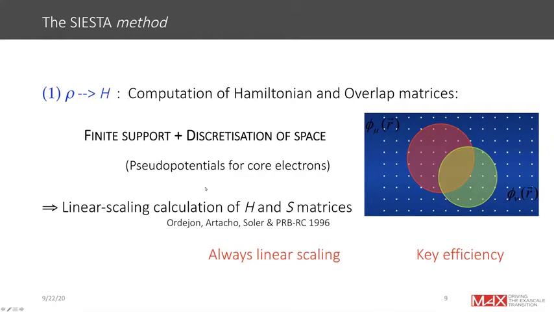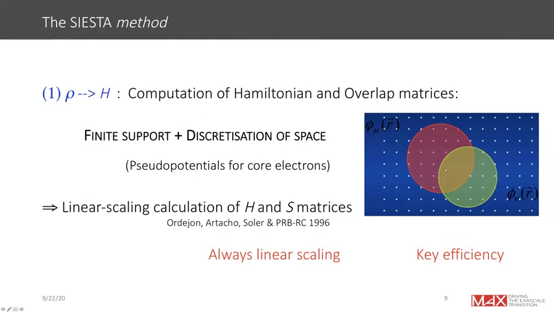So using that, let me state the two key components from the computation point of view of a typical density functional theory code. You have one part in which, given a density, the electron density in your problem, you compute the Hamiltonian for your particular problem, the Kohn-Sham Hamiltonian. So the computation of the matrices and matrix elements, when you have the finite support I was talking about, together with a discretization of space.